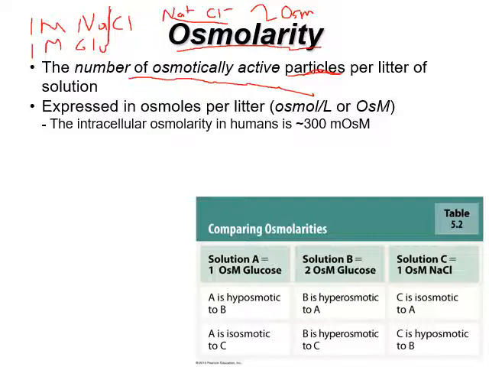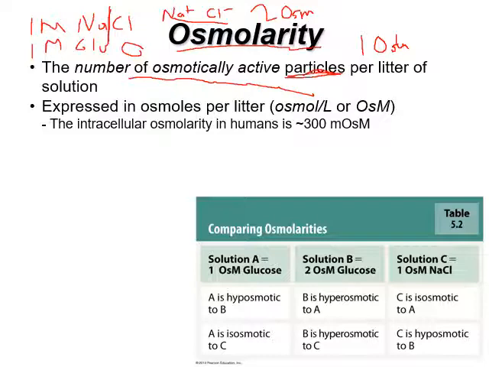So the glucose molecule stays intact as 1 particle, and therefore 1 molar glucose equals 1 osmole. So osmolarity-wise, even though molarity-wise NaCl and glucose are the same, osmolarity-wise they are not.